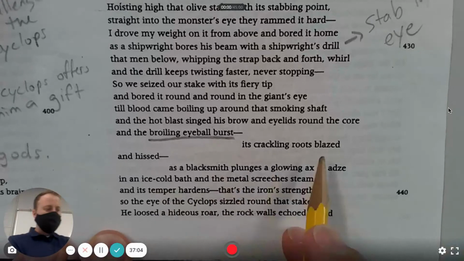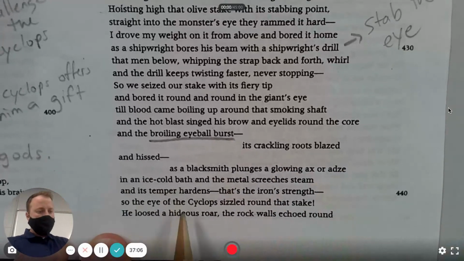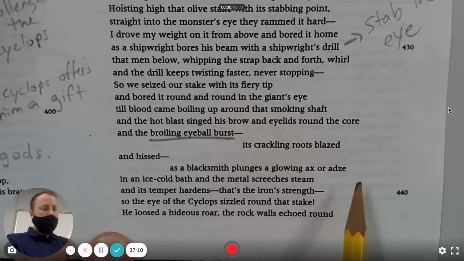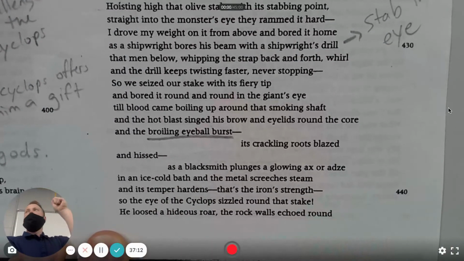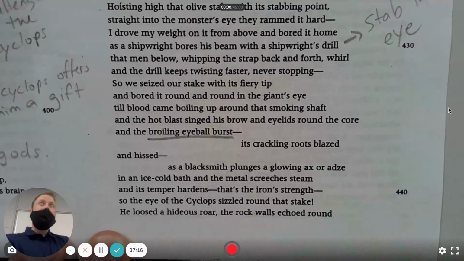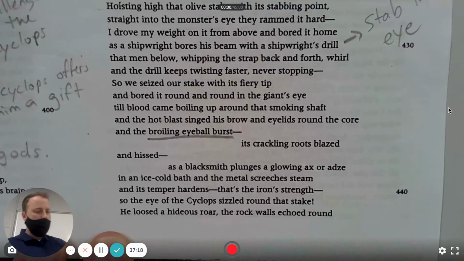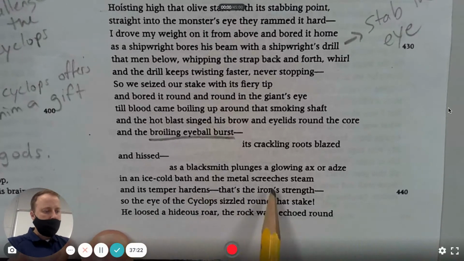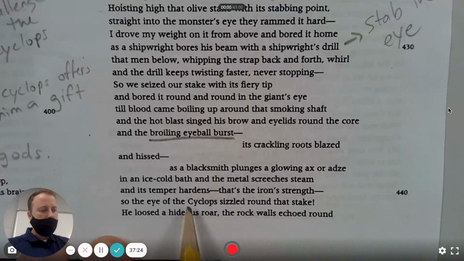"Its crackling roots blazed and hissed as a blacksmith plunges a glowing axe or adze." An adze is like a backwards hammer, kind of, or a sideways axe is kind of what you would say. "In an ice-cold bath, and the metal screeches steam, and its temper hardens.